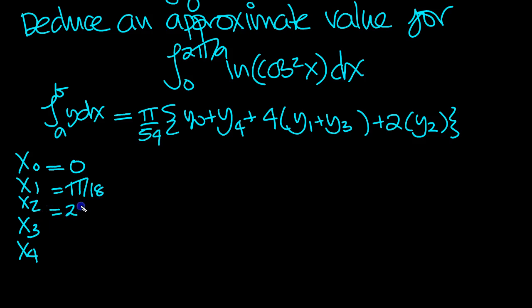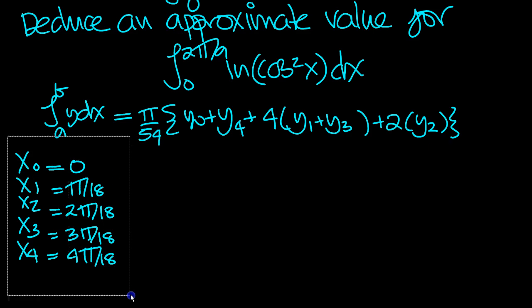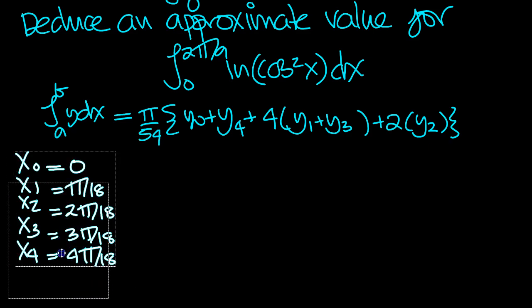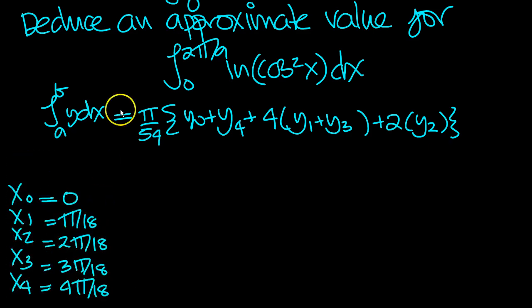Then it's 2 pi over 18, 3 pi over 18, and lastly 4 pi over 18. So there's our x ordinates. Now we can get the y ordinates. Bit of calculator work here: y0, y1, y2, y3 and y4.